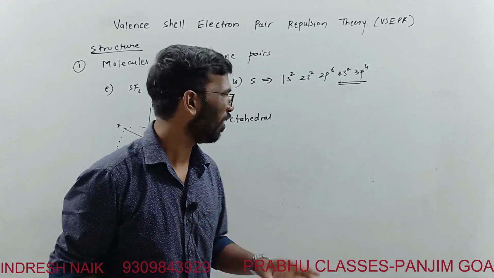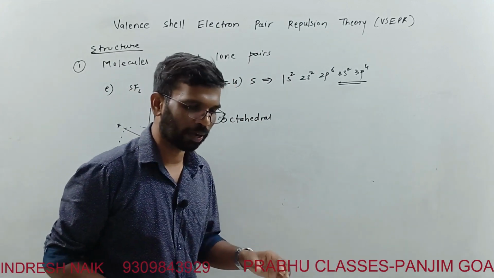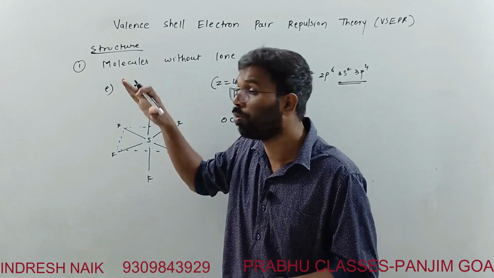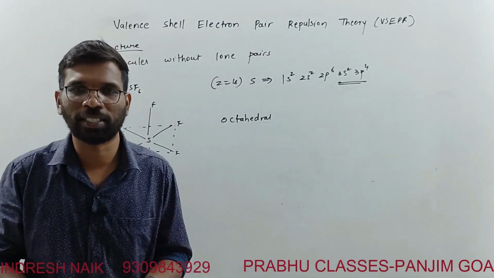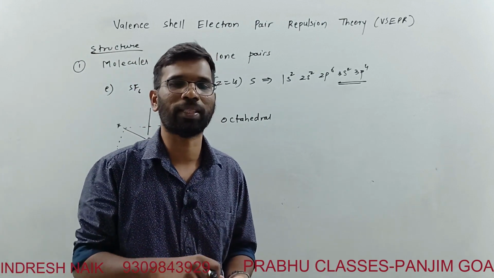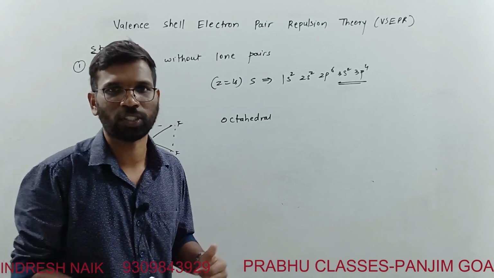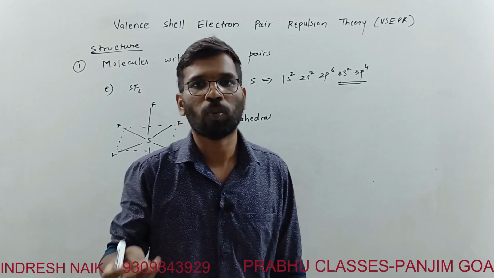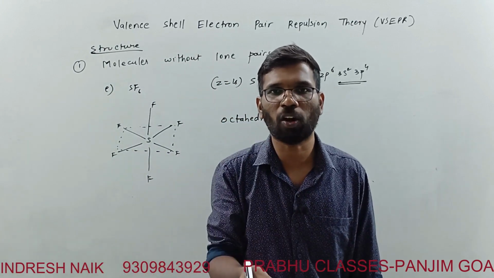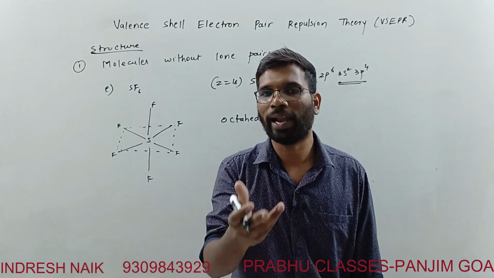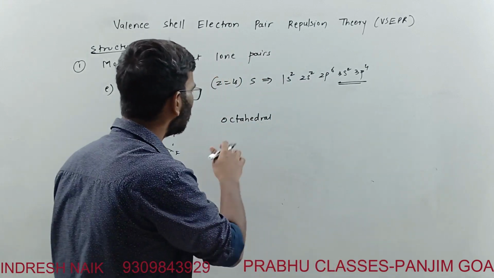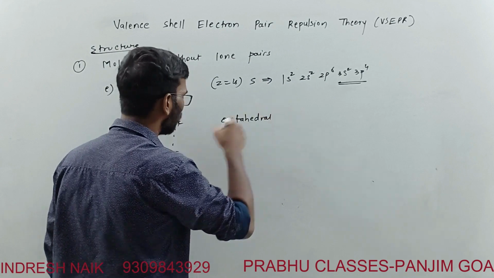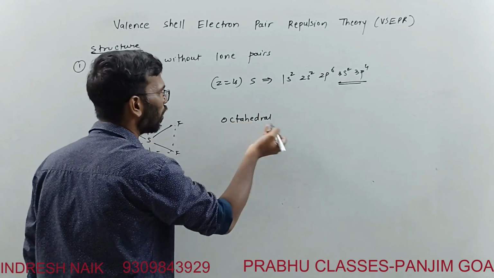Remember, in all the molecules I discussed from the beginning, that is BeCl2, boron fluoride, then methane, then PCl5, then SF6, there were no lone pairs. So when that is the case, the arrangement of the electron pair and the geometry or structure are one and the same. Over here, the geometry or structure or arrangement of the electron pair is octahedral.